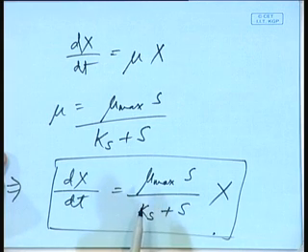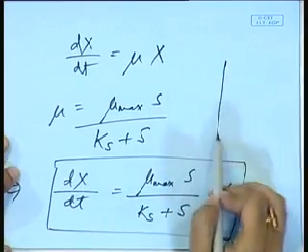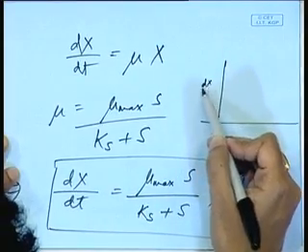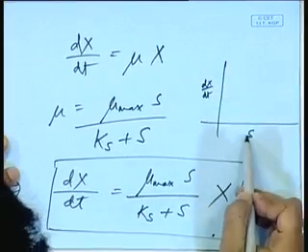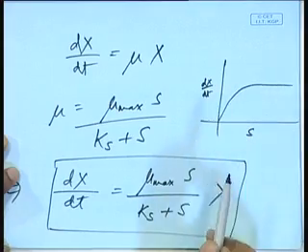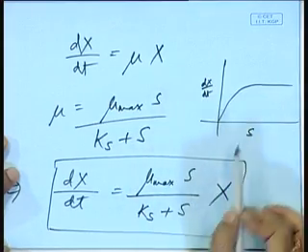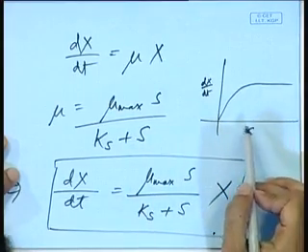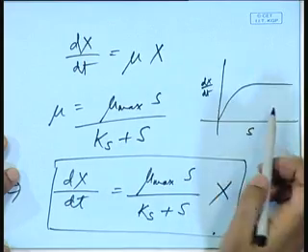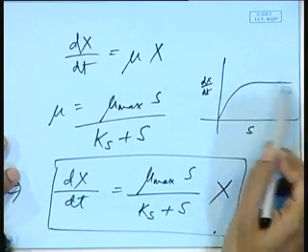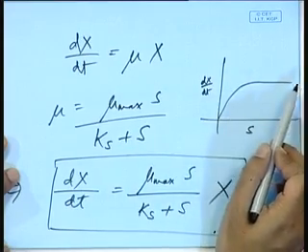So, what this means is that if you look at dx dt versus s, it would have a shape like this. It grows as s increases, but beyond a certain point in s, it saturates out.